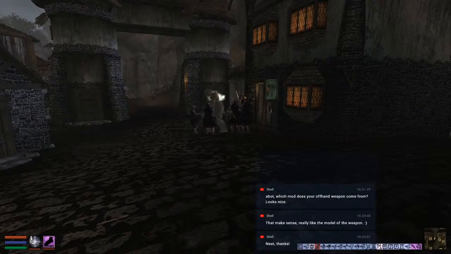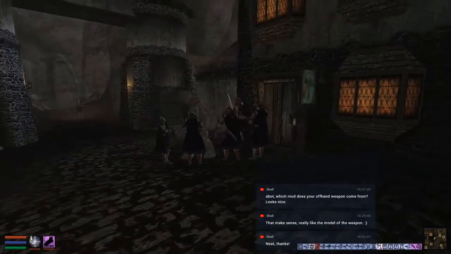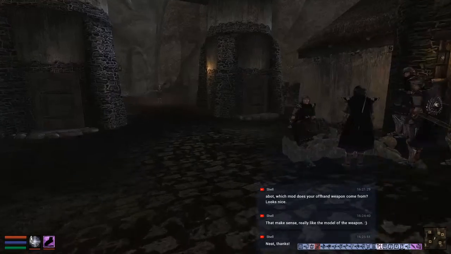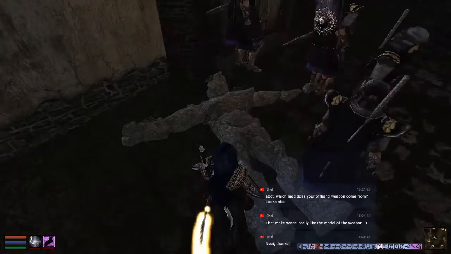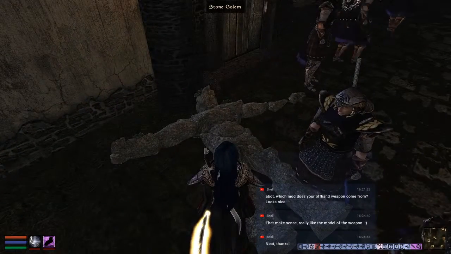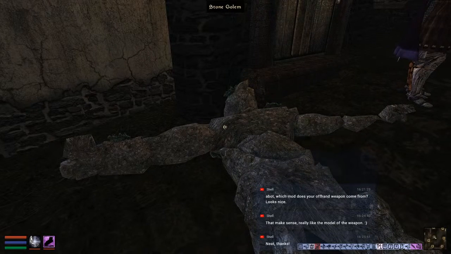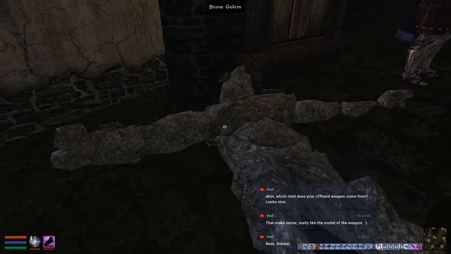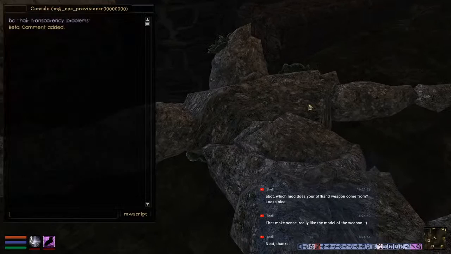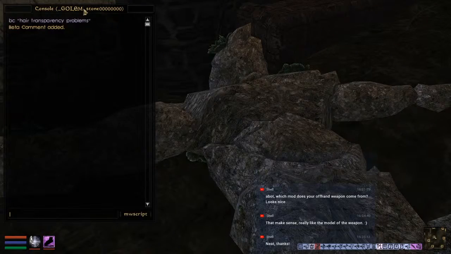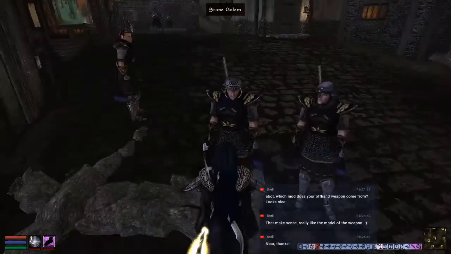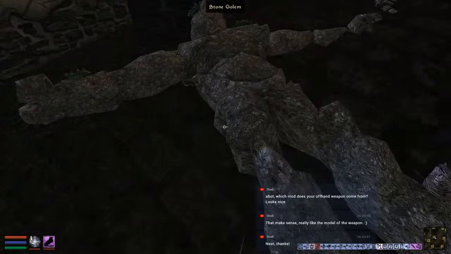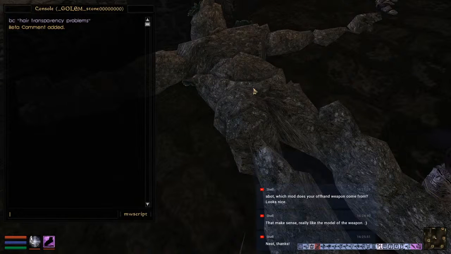Oh crap. This thing has followed us from the outside of the city, but luckily the guards are guarding. Let me check where that's from. Maybe it's a stone golem made by Maker Dark. Oh, maybe not. Maybe it's from some other modder. I don't think I can tell you.